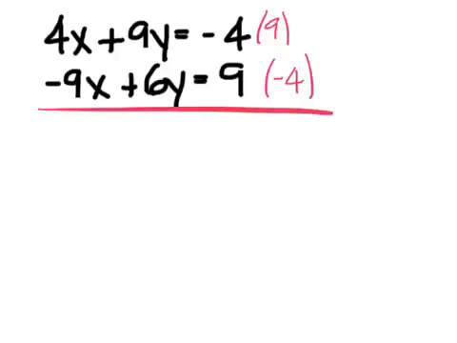Let's say you can't figure out what number to multiply by. Then what you should do is this. Use the number from right here. Multiply this top equation by this, except make the sign match this. And the same thing down here.